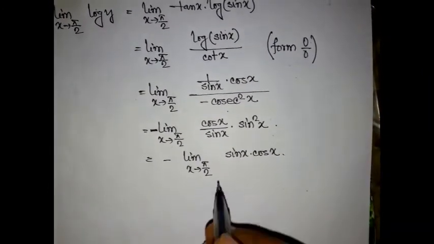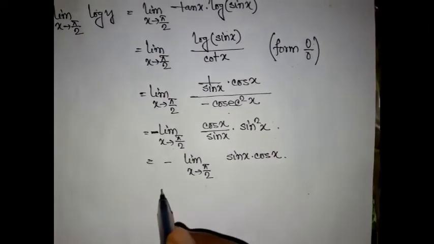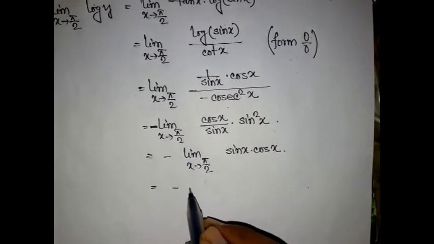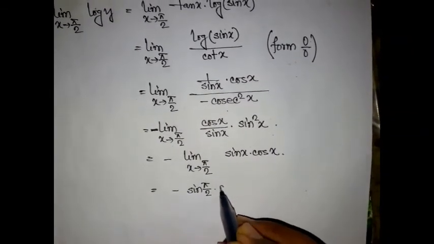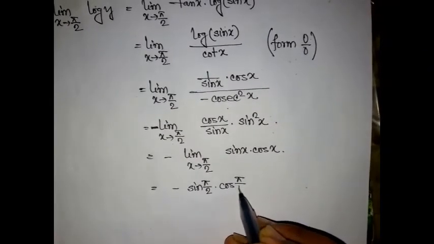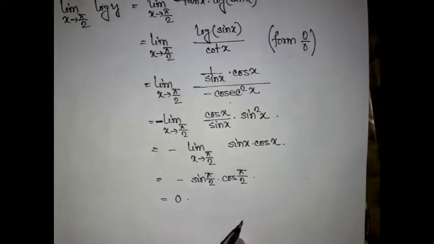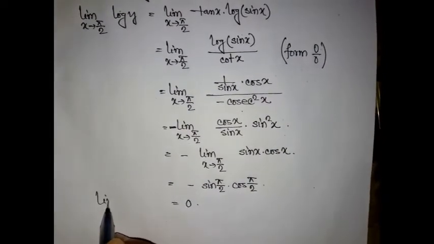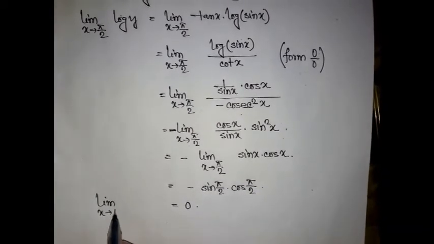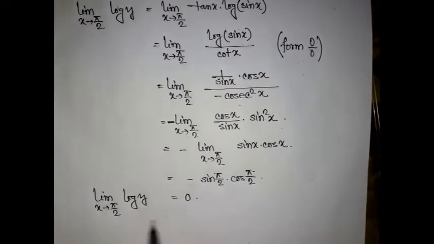So sin x into cos x, now you can directly put sin pi by 2 into cos pi by 2, that means 0. So finally we have limit x tends to pi by 2 of log y equals to 0.